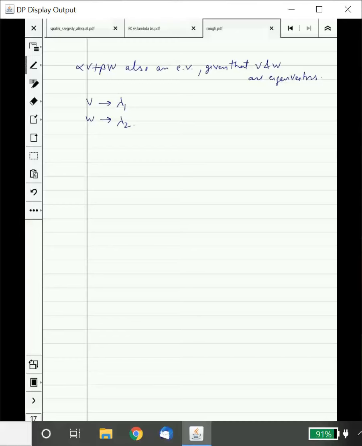In that case, M of alpha V plus beta W is equal to alpha MV plus beta MW. This is alpha lambda 1 V plus beta lambda 2 W. This is some constant times alpha V plus beta W only if lambda 1 is equal to lambda 2.